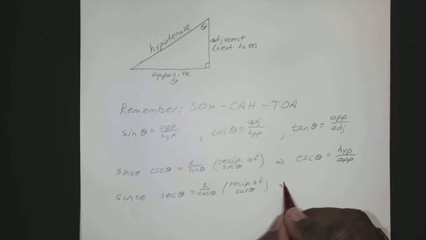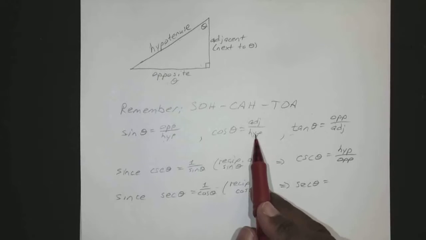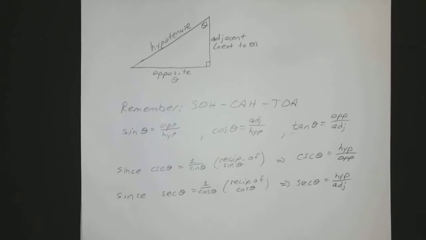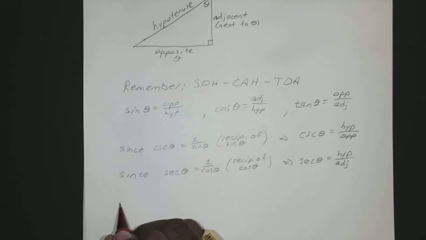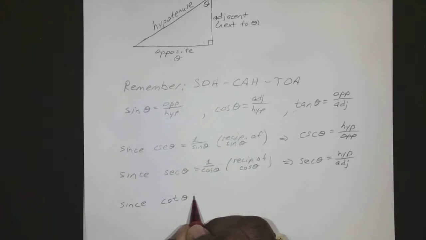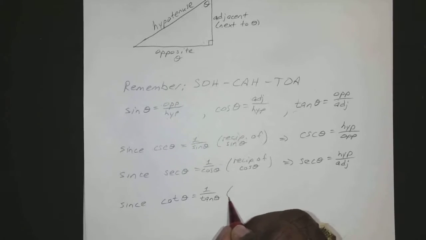Okay, so that means your secant of theta is just equal to hypotenuse over adjacent. And we know that cotangent of theta is just the reciprocal of tangent of theta.